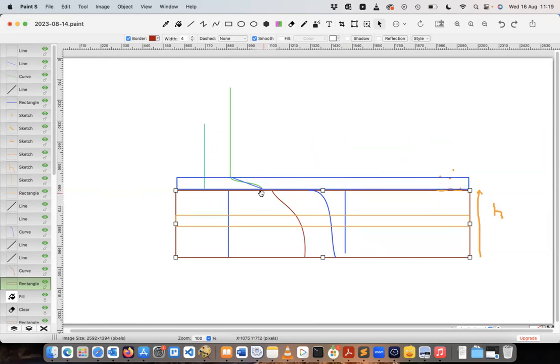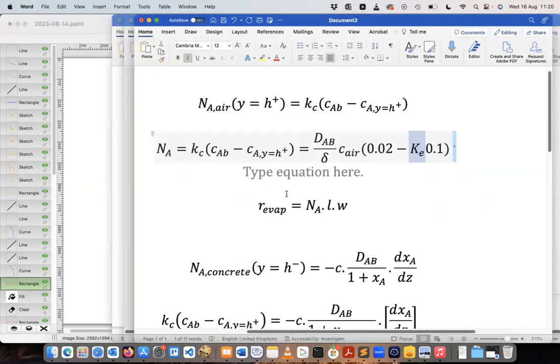And I know I've drawn it as if it's a small distance here, but actually, this is air, right? So this is a gas up here, and this concrete started out as a liquid. So it's a complex liquid mixture. So the density difference is on the order of 1,000. So there's a very large difference between these two values. But the equilibrium constant helps you translate between the two. Does that answer your question there, Sahil?